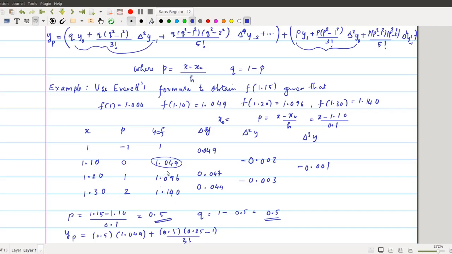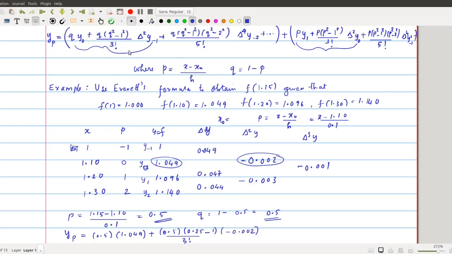So these are y minus 1, y0, y1, and y2. This will be delta y minus 1, and this is delta square y minus 1. So we write it as this times minus 0.002.